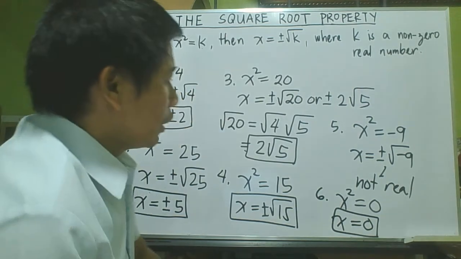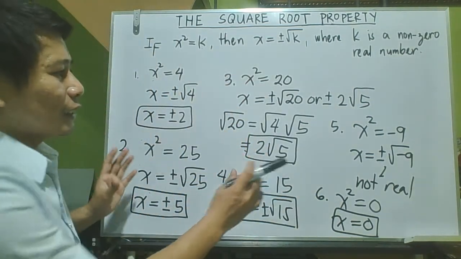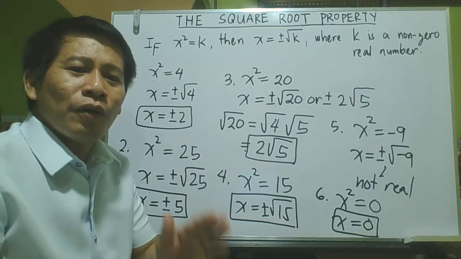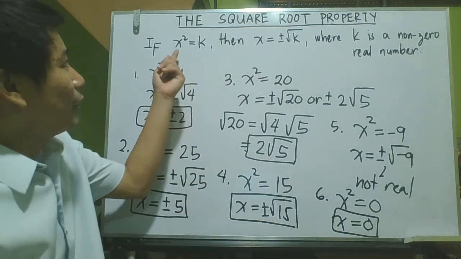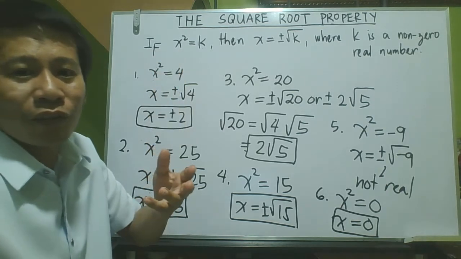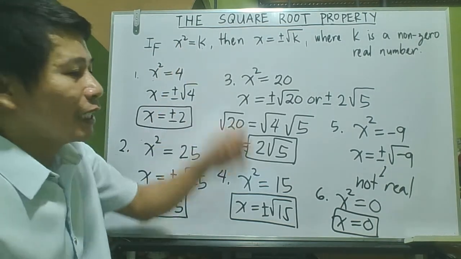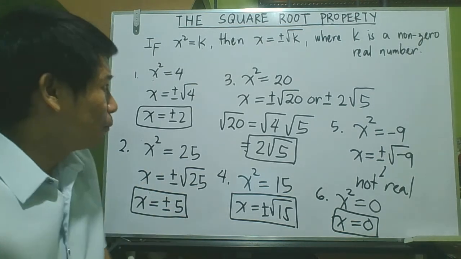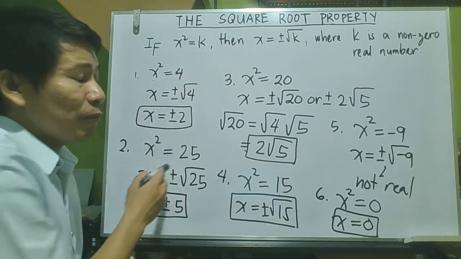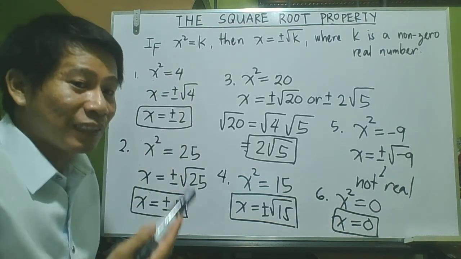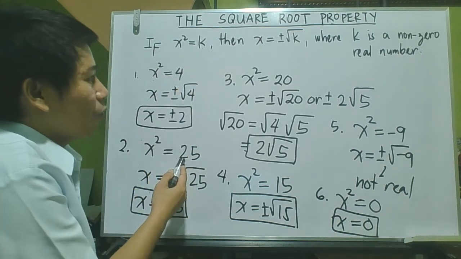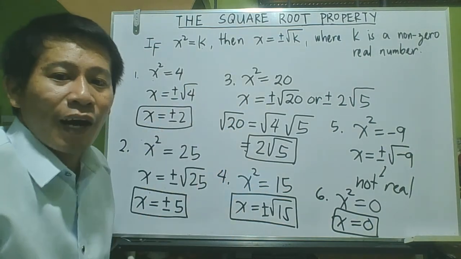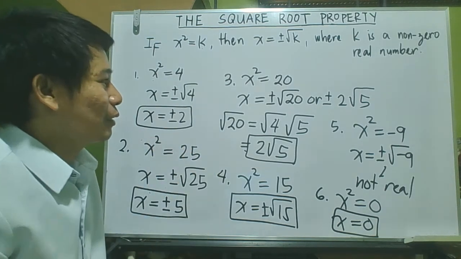Now, as you observe with these examples that I have illustrated to you, as long as our quadratic equation is in the form x squared equals k, we'll have the following generalizations. 1. If k is positive or greater than 0, like 4, 25, 20, 15, our equation has two real roots.